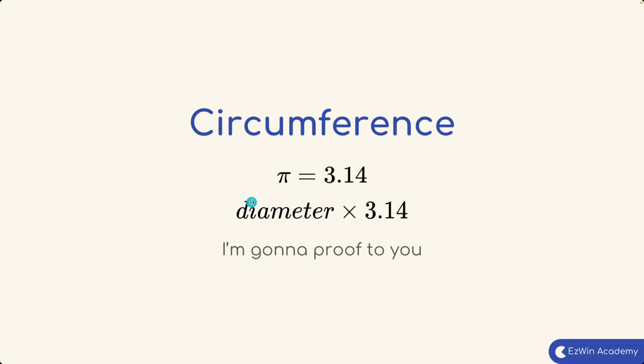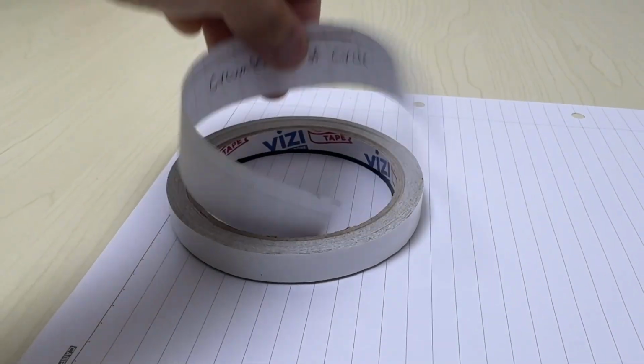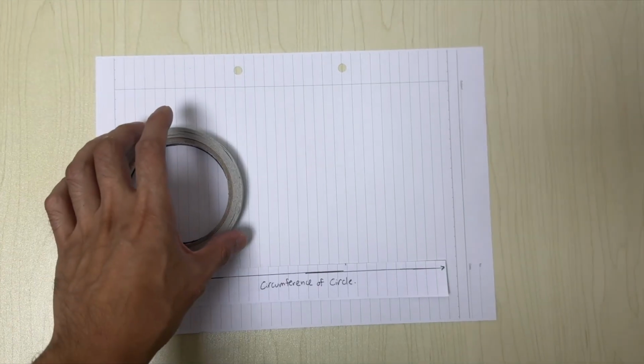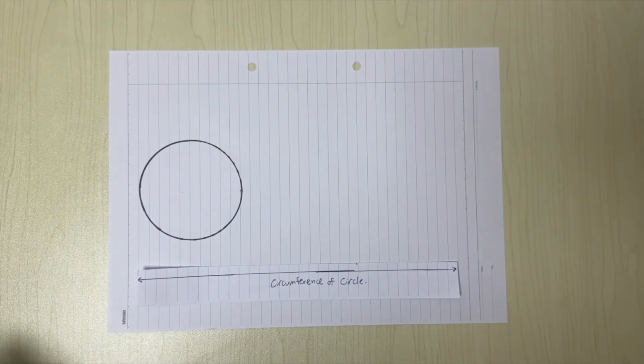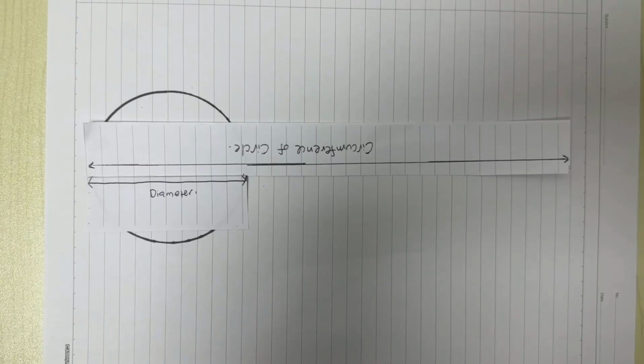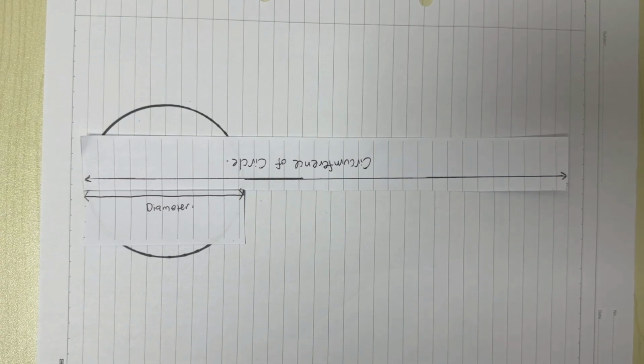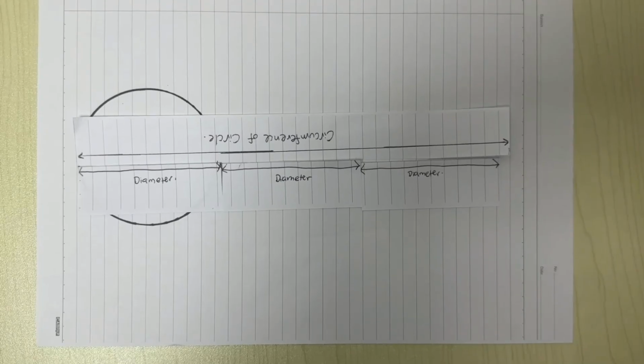So I'm going to prove to you that this is actually correct. I created a strip of paper that is the circumference of a circle. I took off the scotch tape because I created a circle. I also created another strip of paper to represent the diameter, and I'm going to place the circumference of the circle on top of the diameter. I'm going to add another diameter and another one.